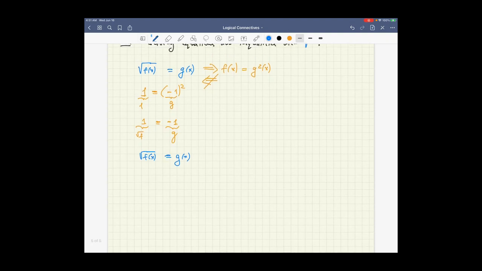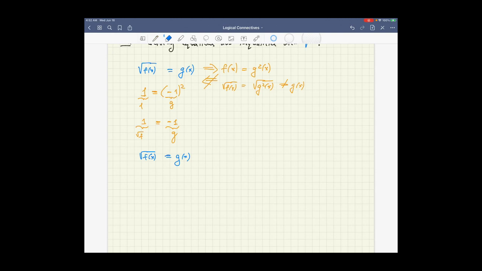The reason why you weren't able to get back from the right-hand side to the left-hand side was that even though f clearly must be non-negative, because f equals g squared, and g squared must be non-negative, when taking square roots from here, you don't get g back, because square root of g squared is not in general g.